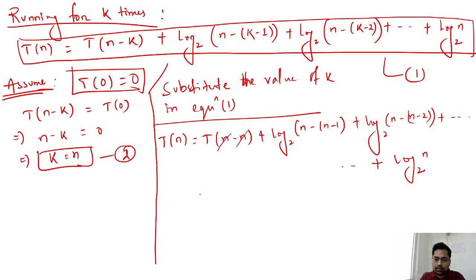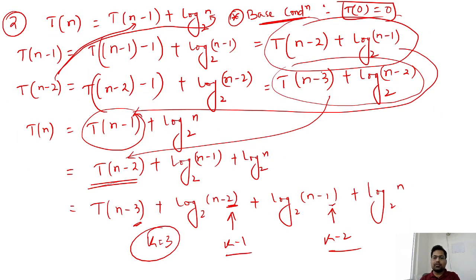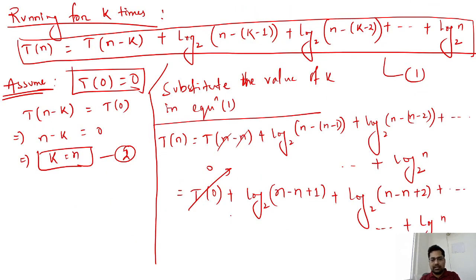So t of 0 plus log base 2. If you expand the minus 1, it would be n minus n plus 1, then log base 2 of n minus n plus 2, plus dot dot up to log n base 2. This is simple now. Here we know the value of t of 0 as per the base condition, it is 0.